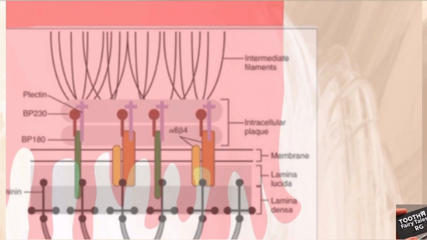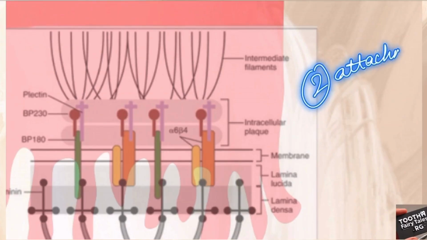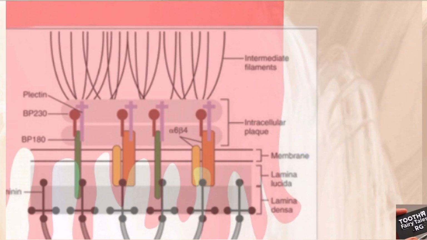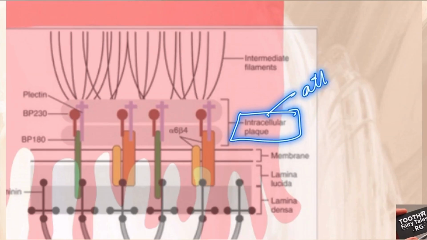Now there are 4 proteins in hemidesmosomes. 2 are attachment proteins. And the remaining 2 are transmembranous proteins. So this intracellular plaque has attachment proteins.